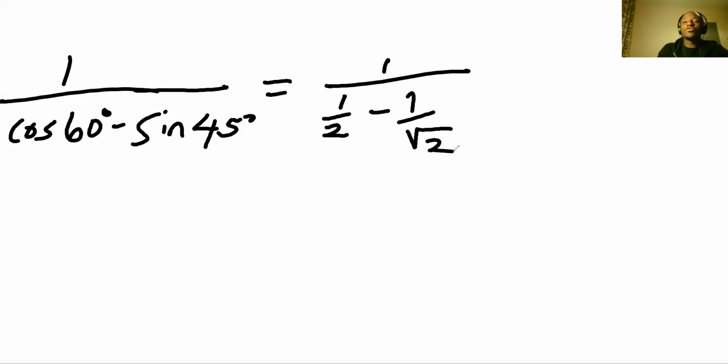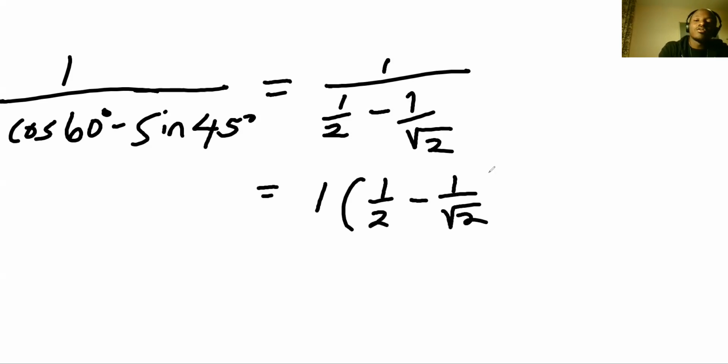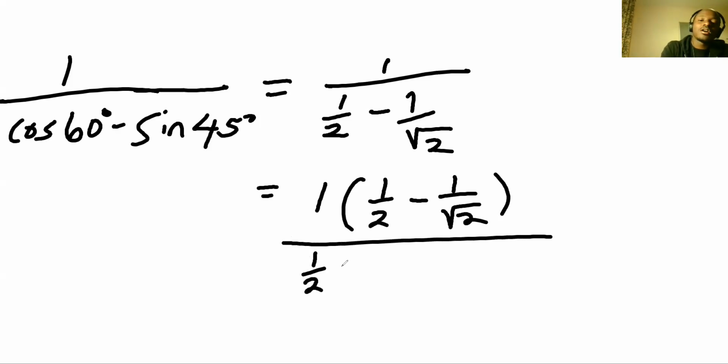So the next step is to rationalize, and you rationalize by multiplying both the numerator and denominator by the conjugate of the denominator. So it's 1 over a half minus 1 over root 2.